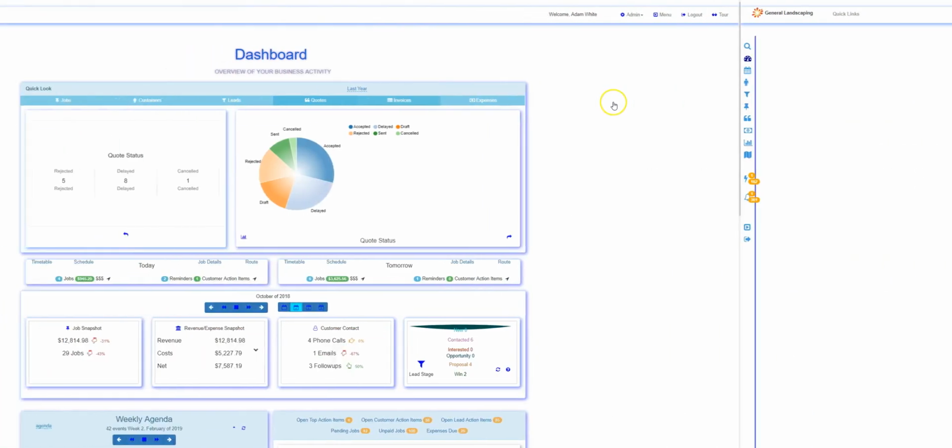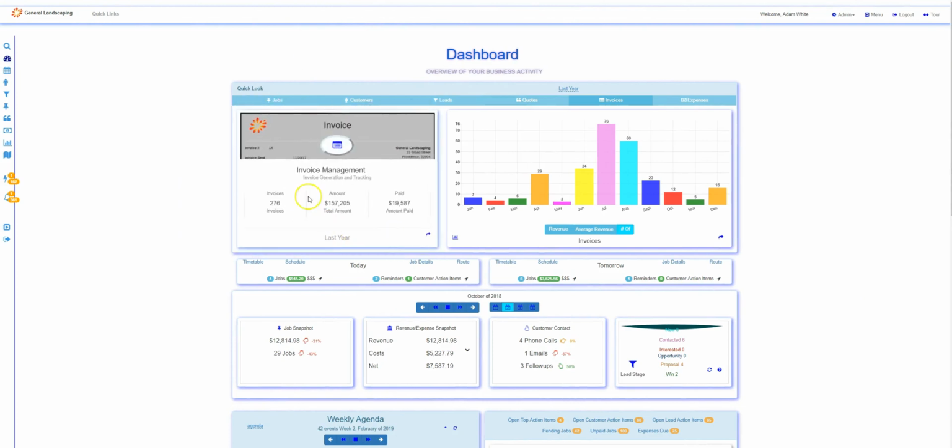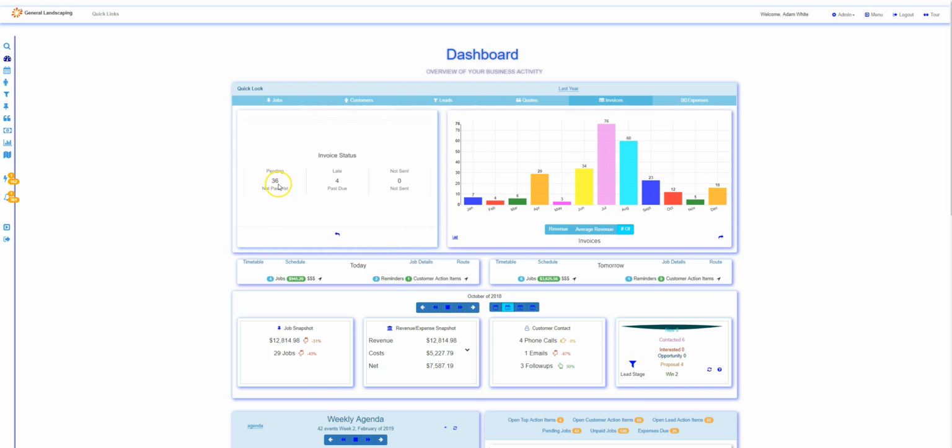Now let's look at the invoices. So we see that we have 276 invoices last year. We have a total amount, an amount that's been paid. 36 haven't been paid yet, 4 are past due, and all of them have been sent.